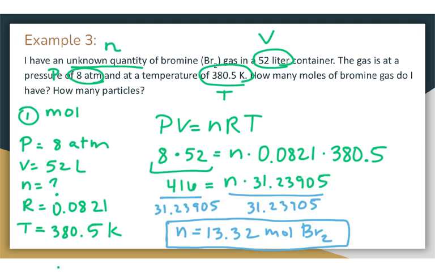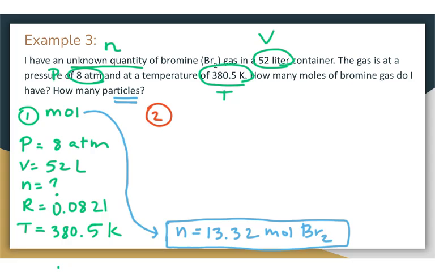All right, and I just paused that and solved that through. Feel free to pause the video if you want to solve and check that you got the same answer as I did. So for that part one, finding our moles of bromine, I got n equaling 13.32 moles.